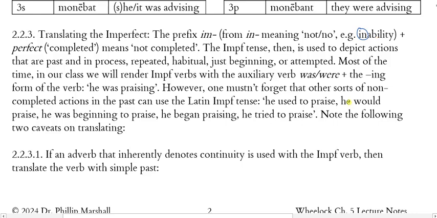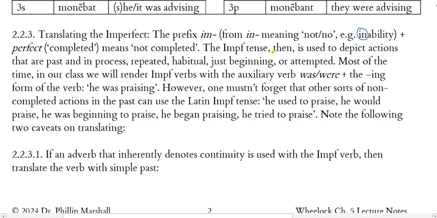So inmobile becomes immobile, inlogical becomes illogical, and inperfect becomes imperfect. So im is really from in, and then perfect means completed. So putting the prefix that negates in front of the word perfect just means not completed.